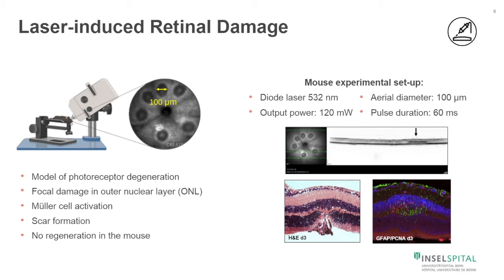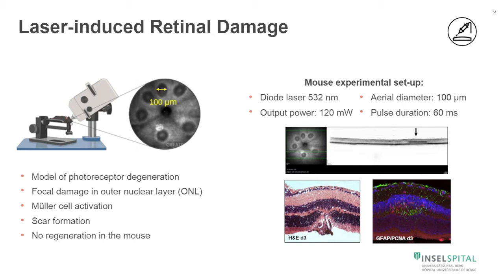And you can easily see when you look at the OCT image right on top, there is a focal damage to the outer nuclear layer, which can also be seen when you stain with H&E. That focal damage induces a Müller cell activation that you can see to the right with GFAP positively stained Müller cells. And in the end, it gives you a scar formation at the area of the laser damage.